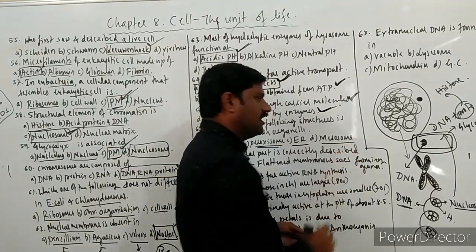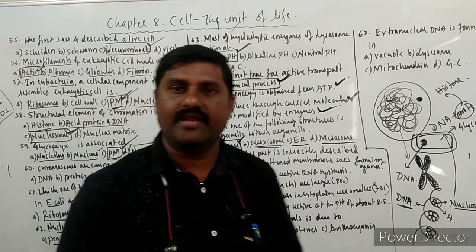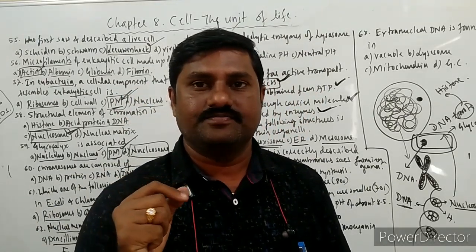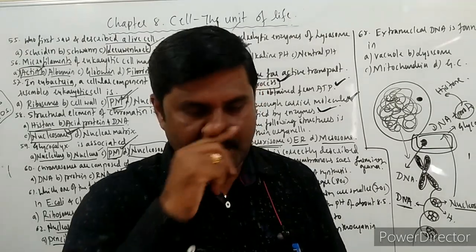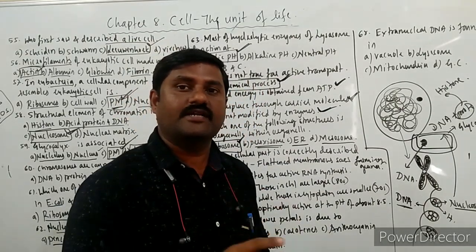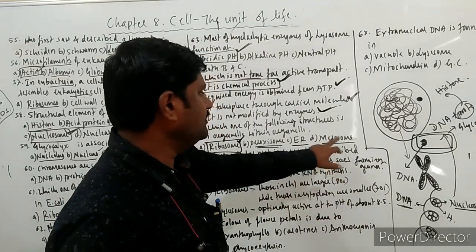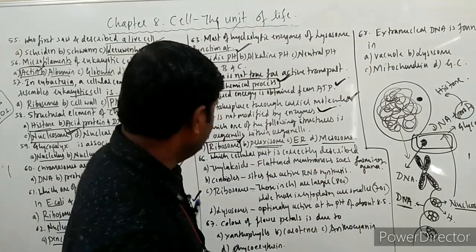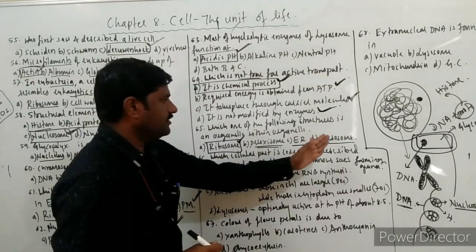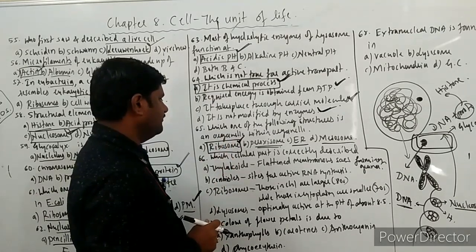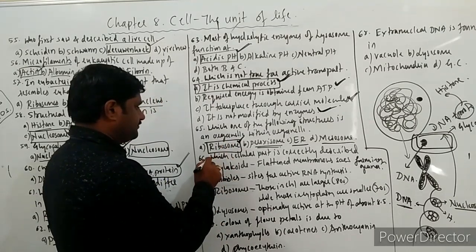And mesosomes are nothing but the cell membrane in the case of bacterial cells that makes a protuberance inside the cell, and that protuberance itself makes the mesosome. So all these options are wrong, and ribosomes is the correct option for this question.